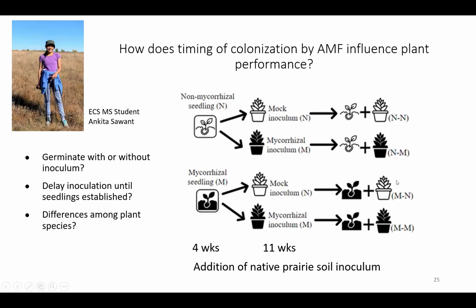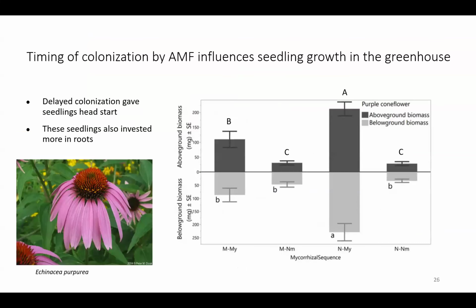And so that left her with 4 treatments, right? So they either were mycorrhizal and then went into mycorrhizal soil, or they were non-mycorrhizal and then went into mycorrhizal soil. And then, of course, they could start out mycorrhizal, go into non-mycorrhizal soil, and then finally start out non-mycorrhizal and go into non-mycorrhizal soil. So those are the 4 possibilities.